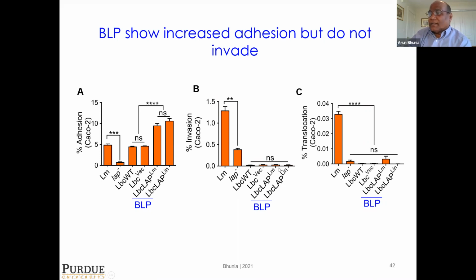And that is great, we don't see any invasion of this bioengineered probiotic into the Caco-2 cells, whereas LM does. That's its job. And do they translocate, meaning paracellular translocation in between the epithelial barrier? And that was so exciting for us. When you look at this data, you can see they barely have any kind of translocation, even though they are expressing LAP. So that was very exciting for us to know that in the in vitro cell culture model, they do not translocate.